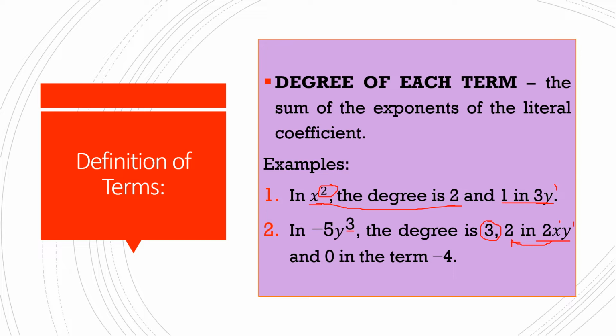Since they are together, they are only one term, we have to add their exponents. So 1 plus 1 is equal to 2, which makes its degree 2. And for negative 4, its degree is 0. Why? Because it doesn't have a literal coefficient, so its degree is 0.